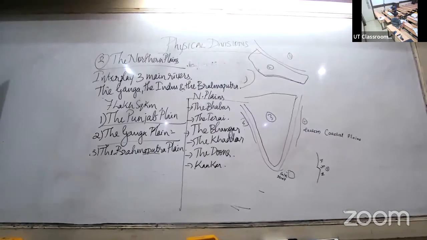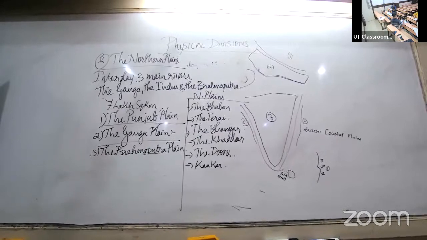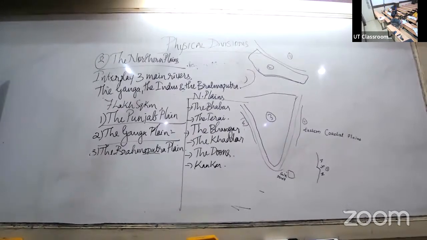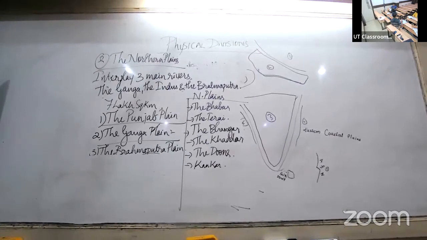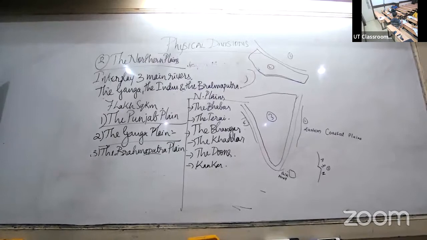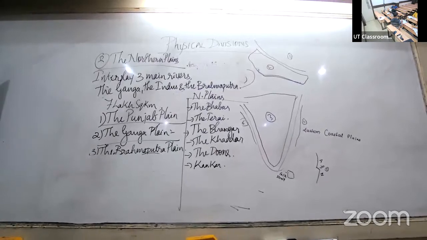Now that is clear. Let us see, underline narrow belt is 260 kilometers. What is the total length of our North Indian plains? 2,400.